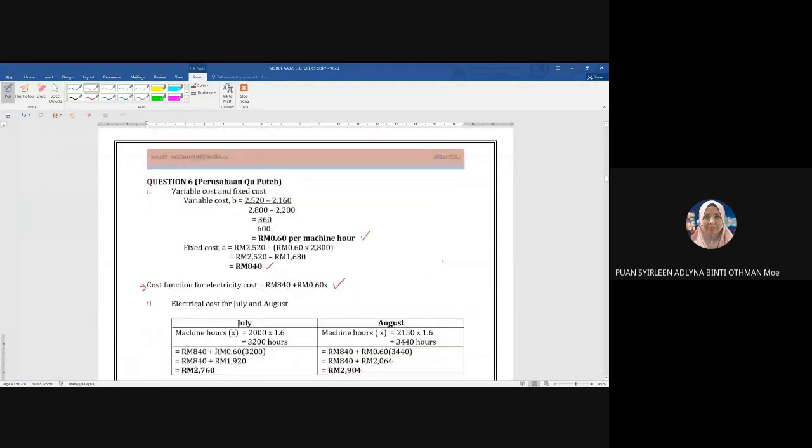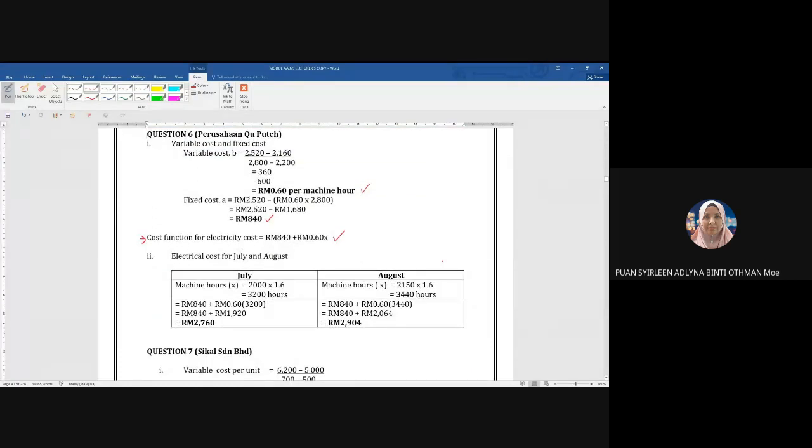Okay, I'm here. Okay, kamu nak kira electricity cost kan? So electricity cost ni maksudnya I kena ganti X ni sama dengan machine hours kan? Tapi untuk Julai dengan Ogos, you tak ada machine hours.